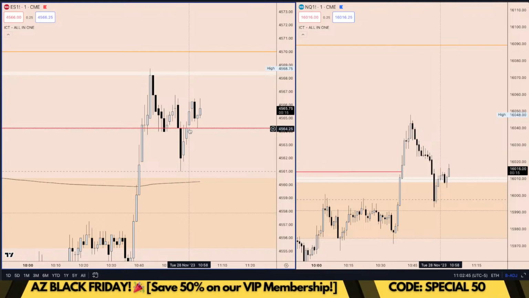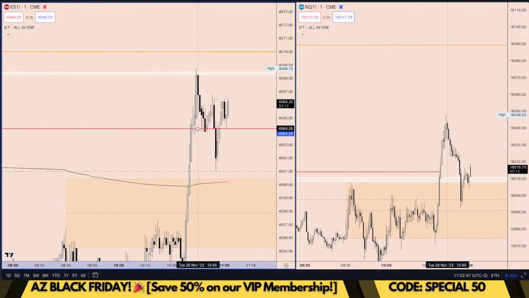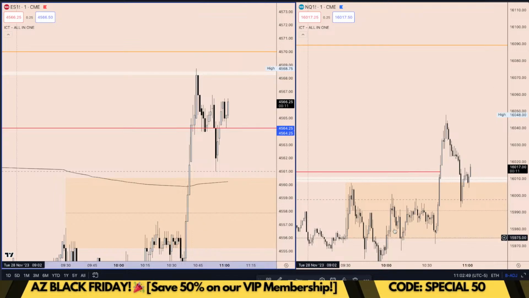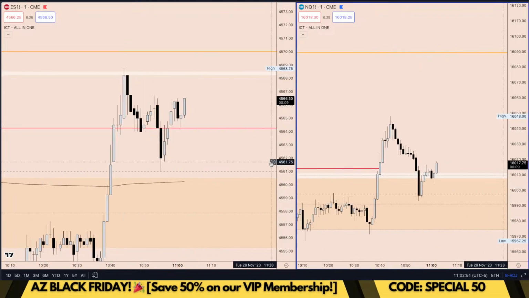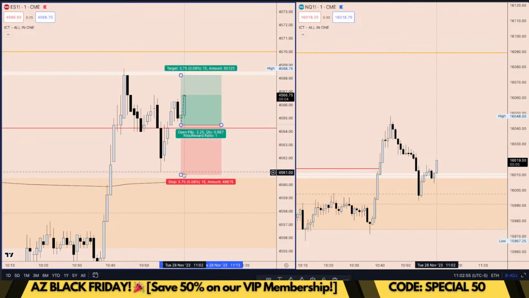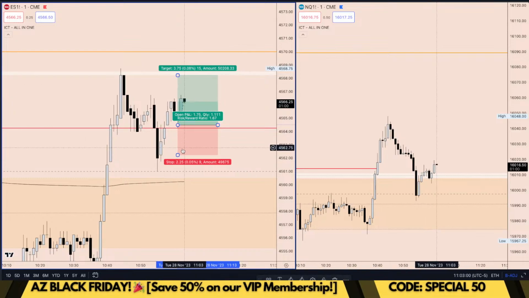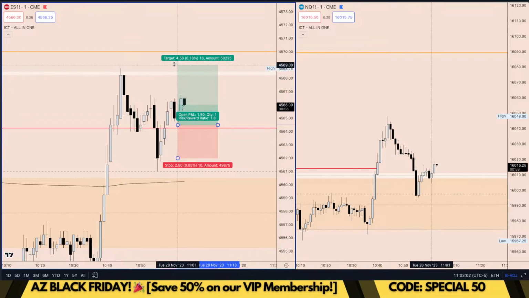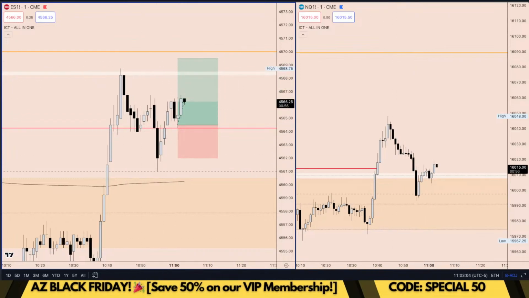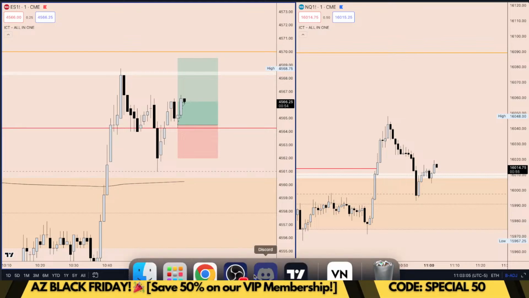Volume imbalance filled. Bounce off the Asia session high. Little paper trade while we're talking.